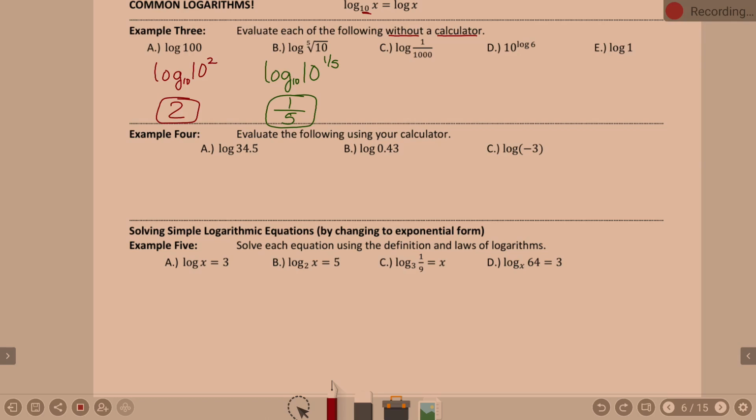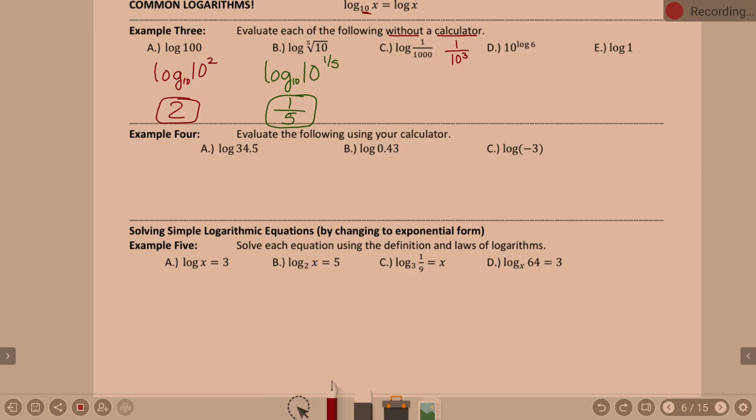Log of 1/1000th. What do you know about 1,000? It's a multiple of 10, yes. It's a 1 with 3 zeros, so it's 10 to the 3rd, right? I see 3 zeros, so I know this is 1 over 10 to the 3rd, if you will. Or what do we need to think about here?